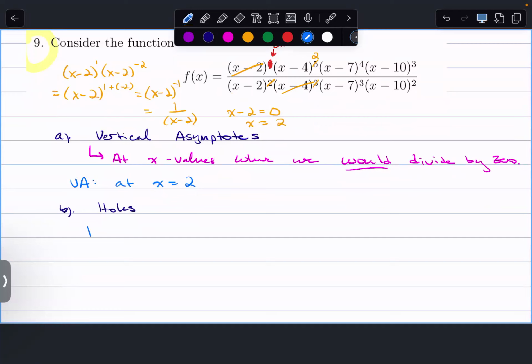So we have a hole at x equals 4, since it was entirely canceled from the denominator.